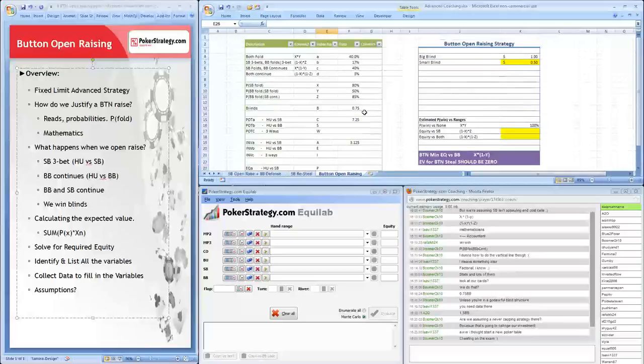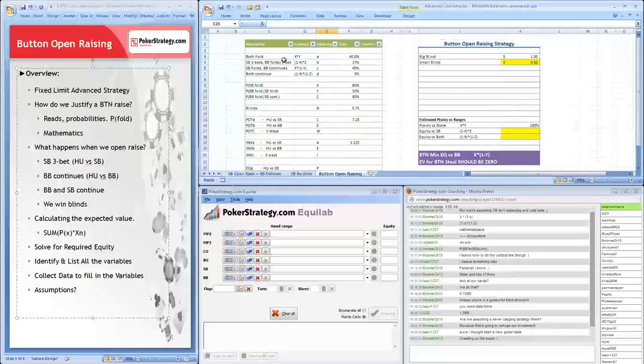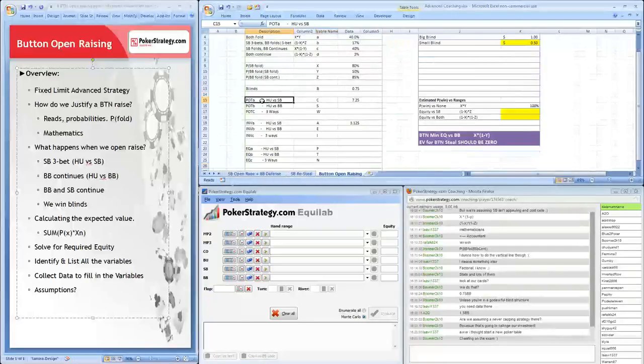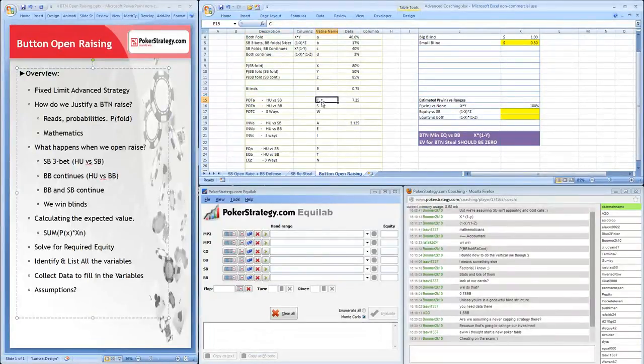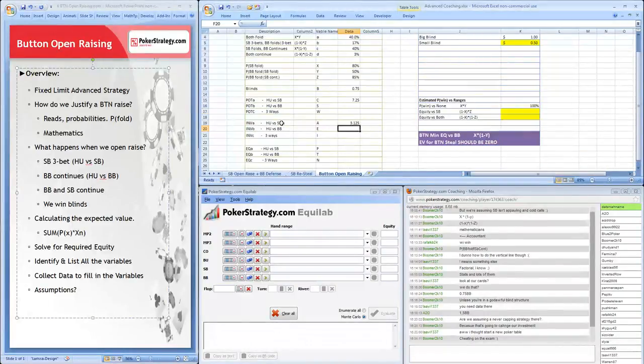And this is going to be useful later on when we come around to calculating the expected value. The idea here is that rather than using something complicated like pot A to symbolize the size of the pot, we'll just use a letter C, and that's going to make things a little more simple pretty soon, actually.